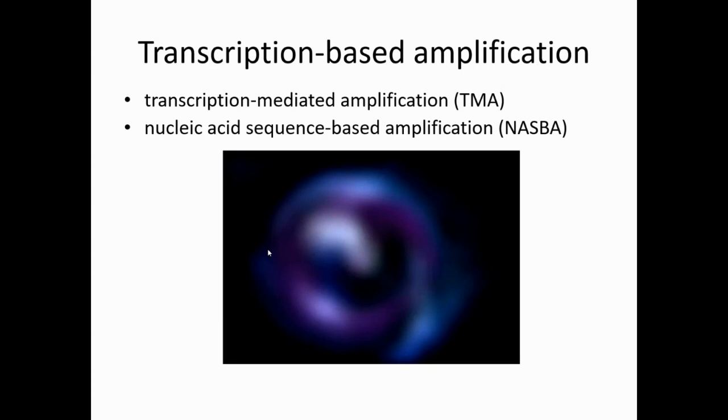Both are isothermal amplification reactions, and they mimic retroviral RNA amplification. Both are specific for target RNA sequence, and have been gaining popularity because they have been shown to have a wide range of application for pathogen detection in clinical, environmental, and food samples.